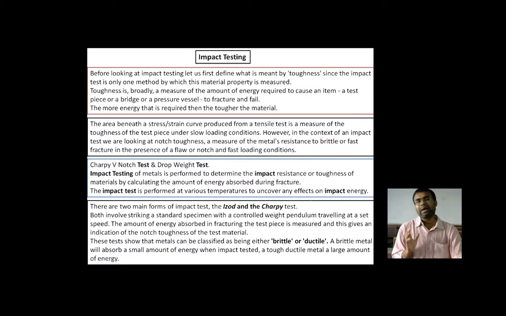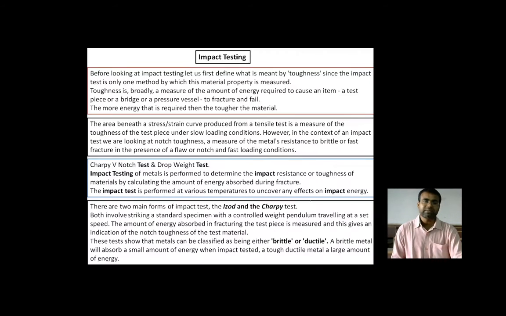So after examination, after analysis of that particular ship, the engineers found that the material had a tendency to change its structure from ductile to brittle.